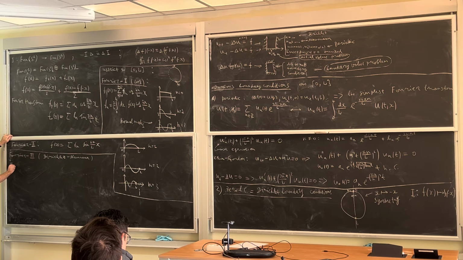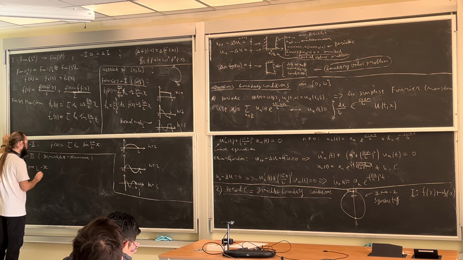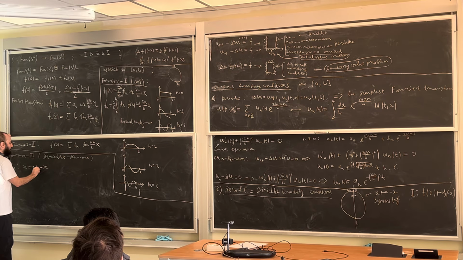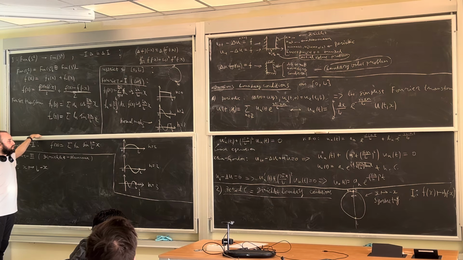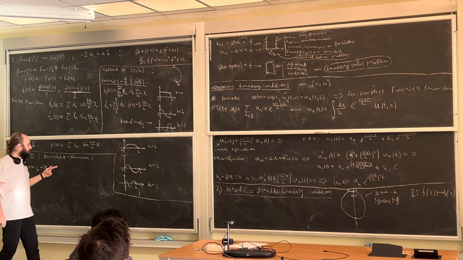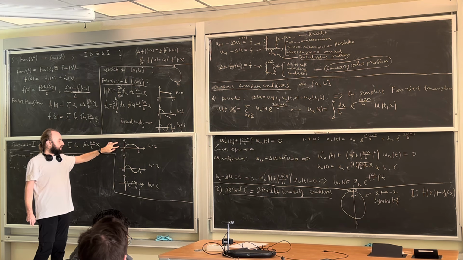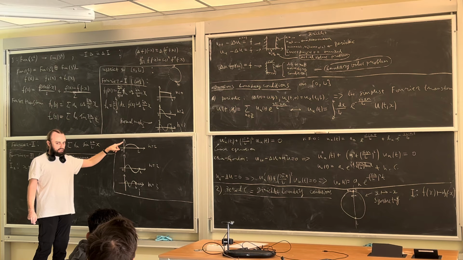So we can take E2 that maps x to L minus x. And we act with this E2 on this space of functions that vanish on two boundaries.